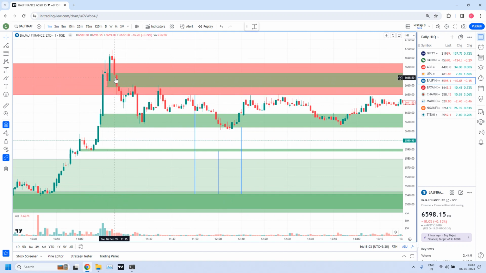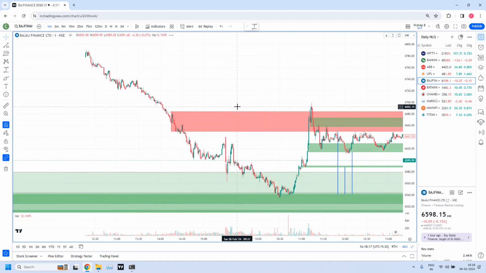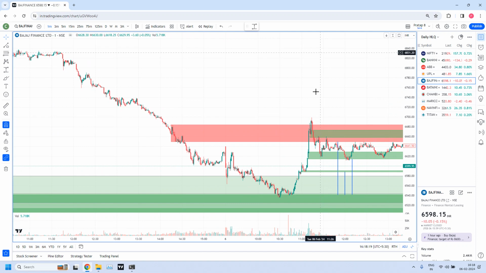At the time when I gave you an update in our Telegram channel, this 1-minute zone was not created. Just before it was created, I gave you the update, maybe when the prices reached somewhere here. My impression was that maybe it will go further up, and if so, we may get a very good profit. Maybe you would have got around 20,000 or 25,000.